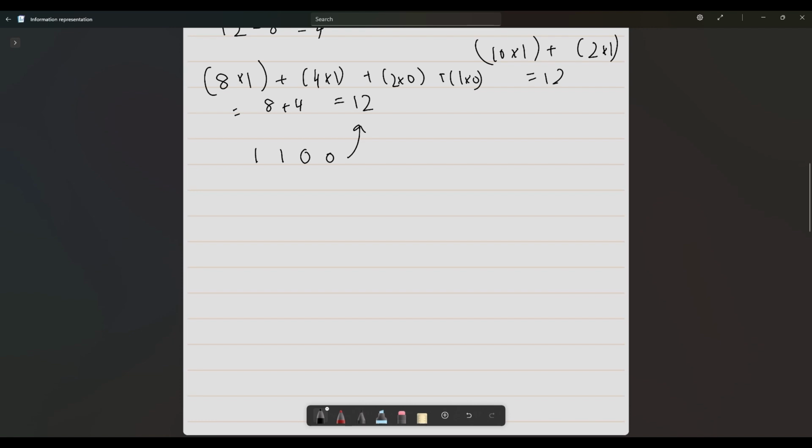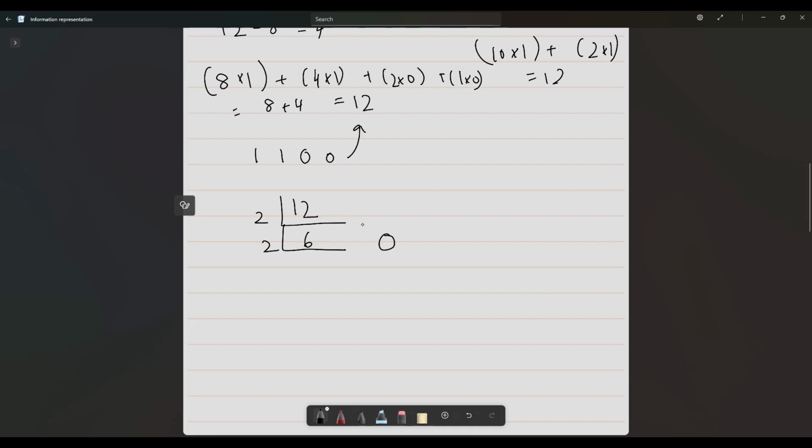Another method you can follow is the long division method by 2. If you write 12 and divide it by 2, you get 6, with a remainder of 0.